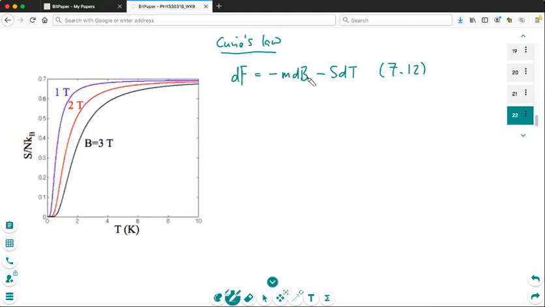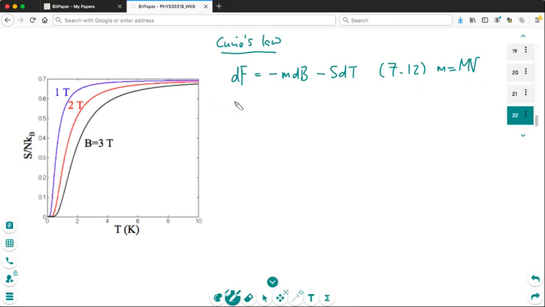We just changed the PV work to magnetic work, and we already derived this kind of expression. And this m, little m, just to remind you, is moment, which is magnetization times volume. Or magnetization is moment per unit volume.